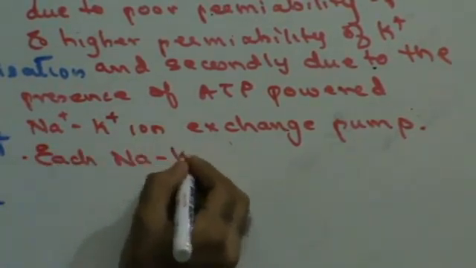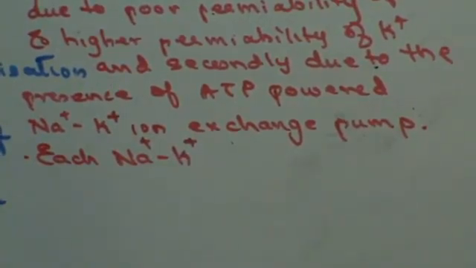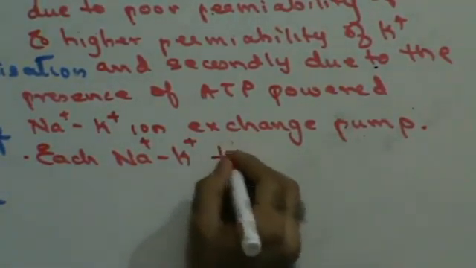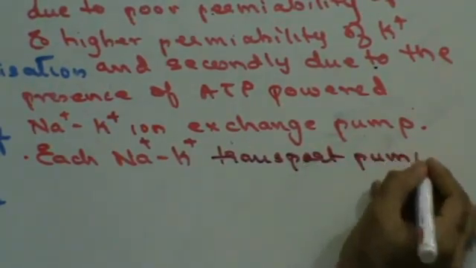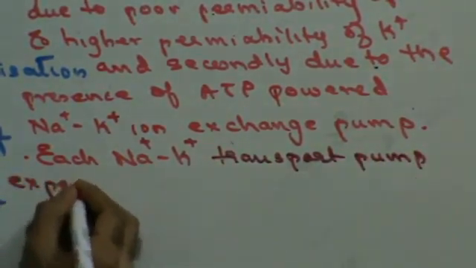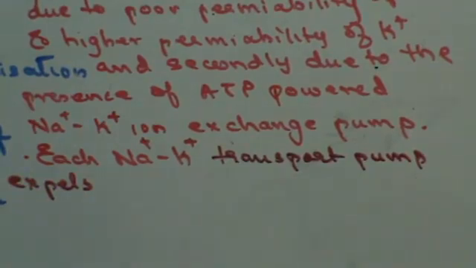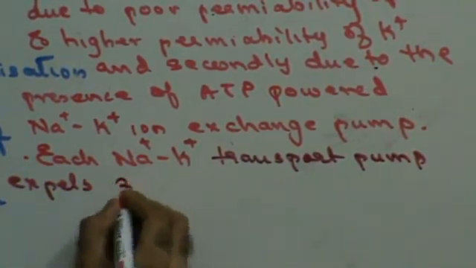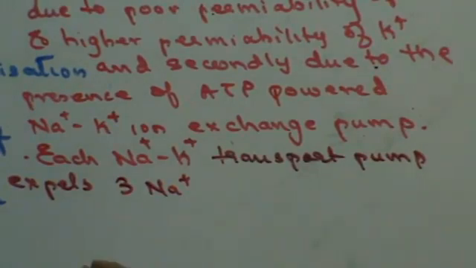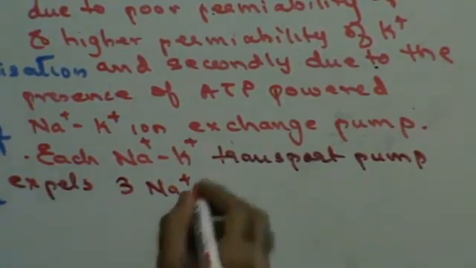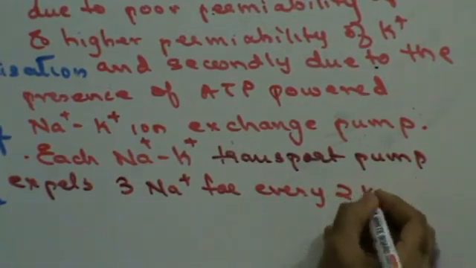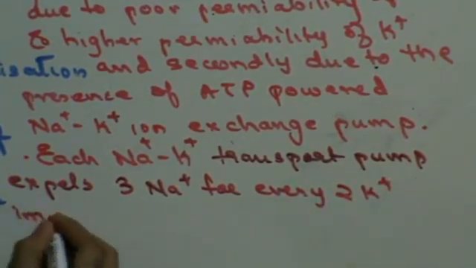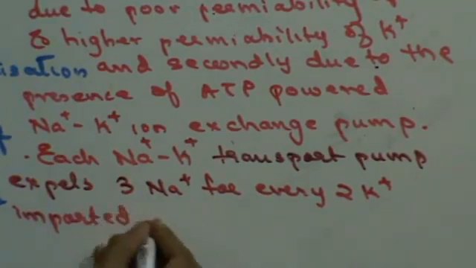Each sodium potassium transport pump expels 3 sodium ions for every 2 potassium ions imported.